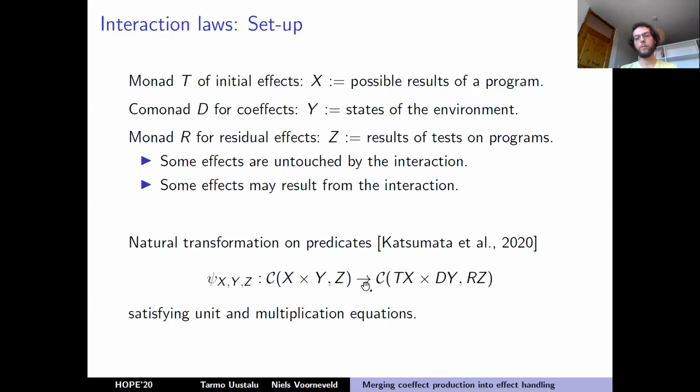Given these, this can then be lifted to this interaction function, where you have a program, this effectful combination of results, this coeffectful combination of states, and a way to show how these interact and result in this residual monad structure, these residual effects with possible results here. And this is an interaction law if it satisfies some unit and multiplication equations.